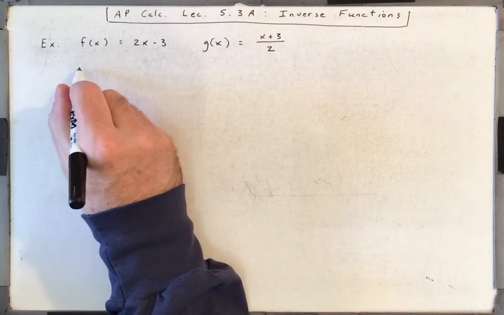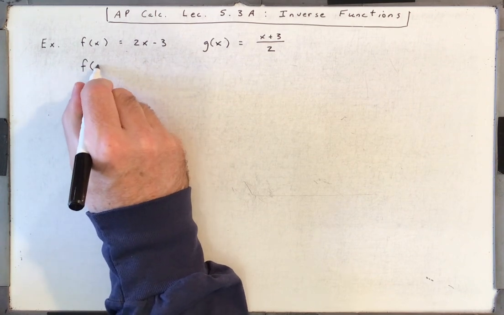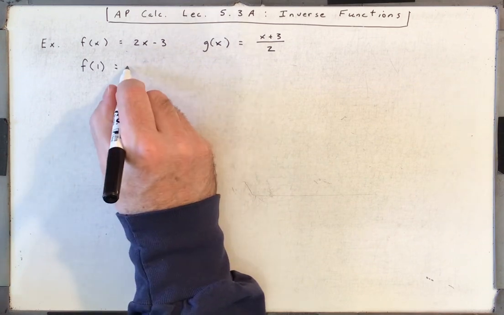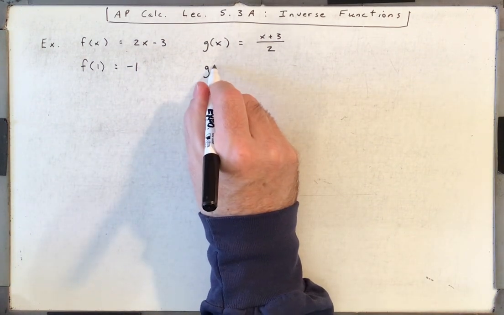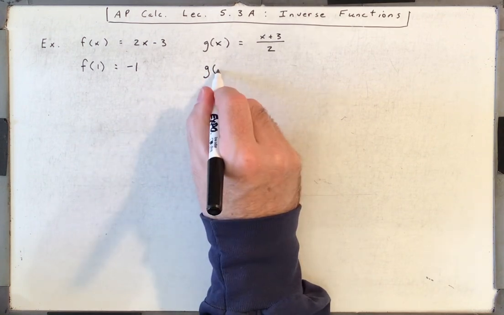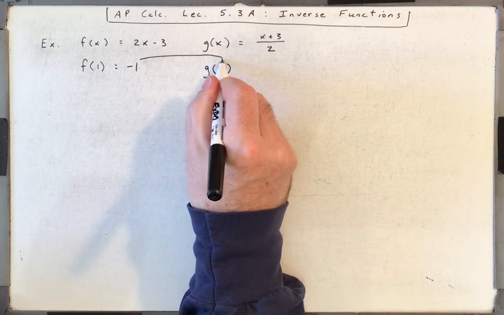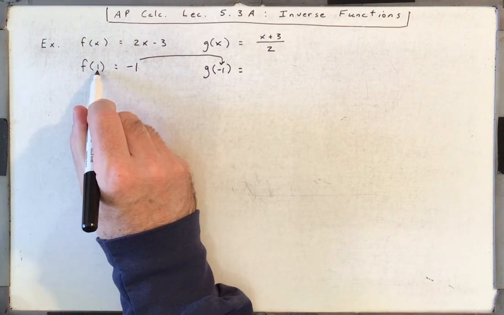So let's find f of 1. If we plug in 1, that's 2 minus 3, that's negative 1. Now if we plug in negative 1 into g of x, it should equal 1.